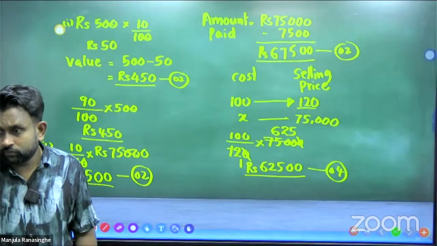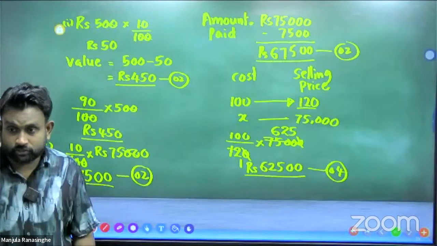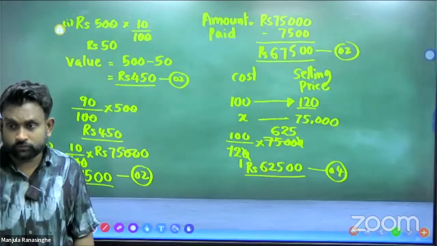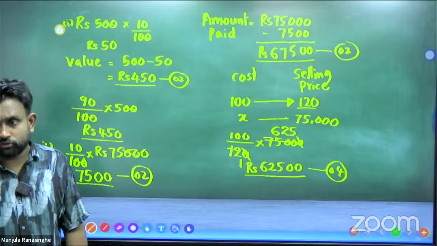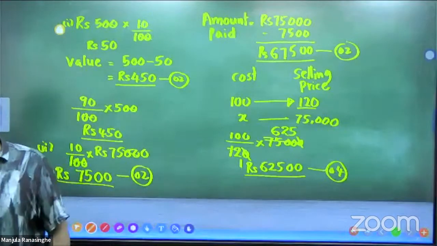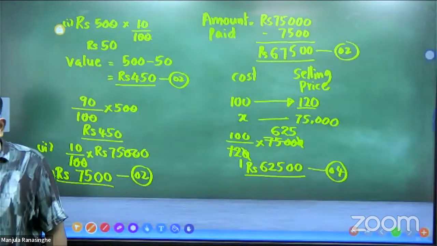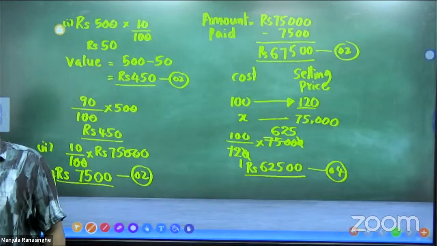No? Tell me the answer for the last one. No, that should be 62,500. Then for that, yes. No, that is incorrect.